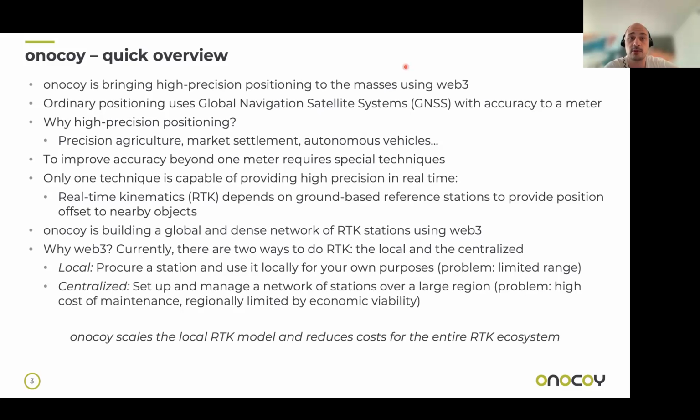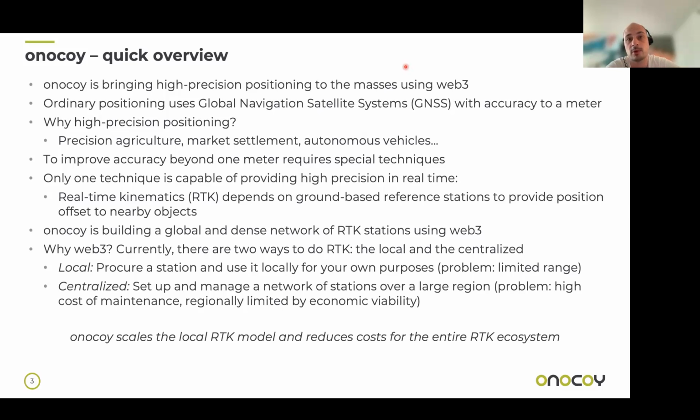Such services do exist, but they are not global, and they're not very dense in many places. Why? Because if you do this as a centralized entity, your maintenance costs are large. If you pursue the local model, the maintenance costs are actually negligible. So enter Web3: we scale that local model. We keep costs down on the supply side, and that way we have a chance at covering the world.